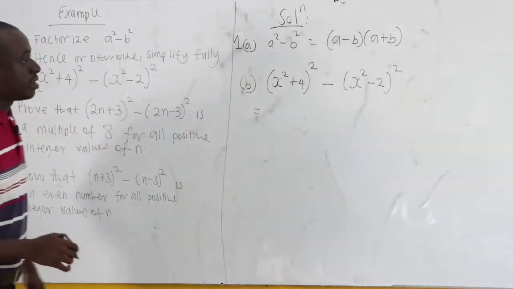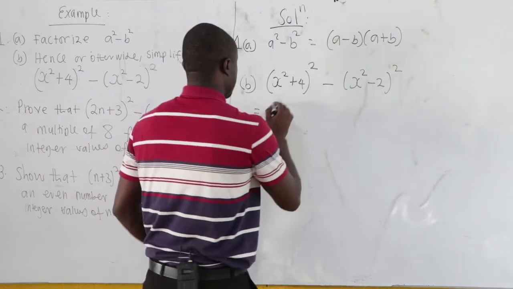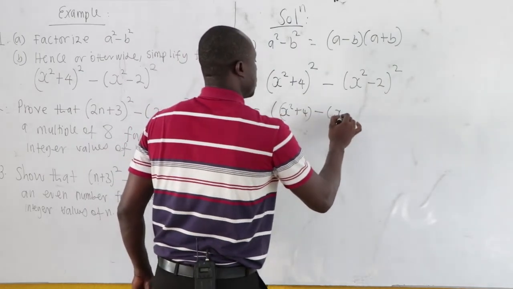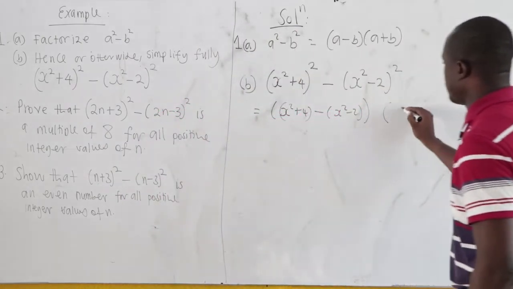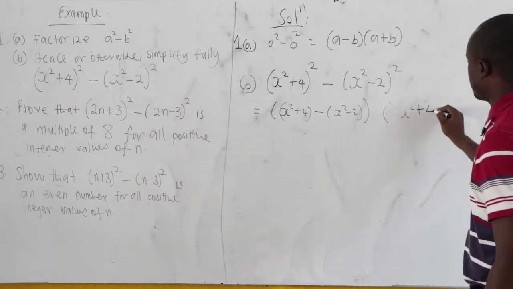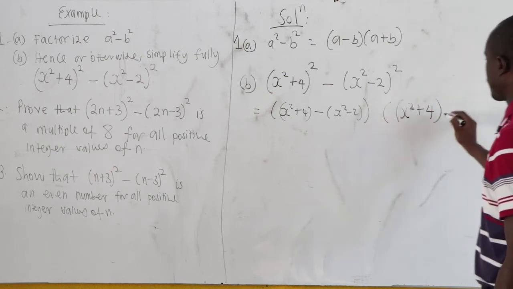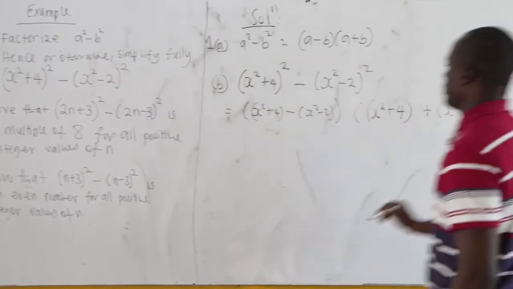And from here, applying difference of two squares, a minus b, a plus b, we have x squared plus 4 minus x squared minus 2, and then x squared plus 4 plus x squared minus 2.